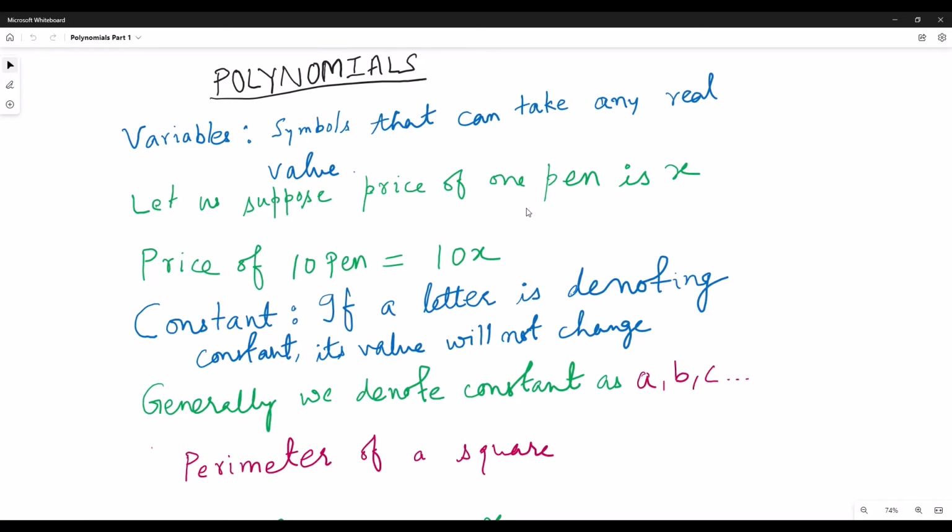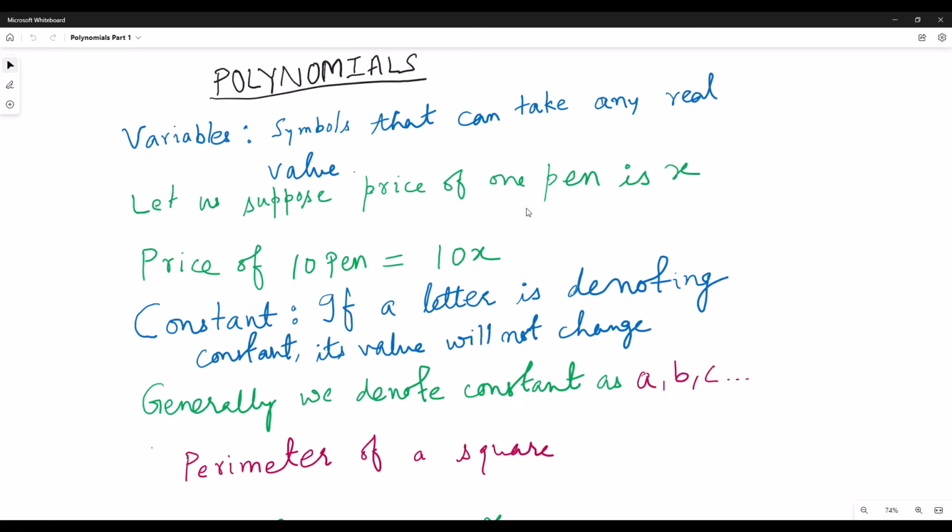So what is the use of polynomials and what is the use of algebraic expressions? Like, let us suppose the price of one pen is x. The price of 10 pens is 10x. We still don't know the price of the pen. We assume that the price of the pen is x and we can calculate the price of 10 pens, that is 10x. And if the price of one book is y, then if we have to buy 30 books, the price of 30 books is 30y.